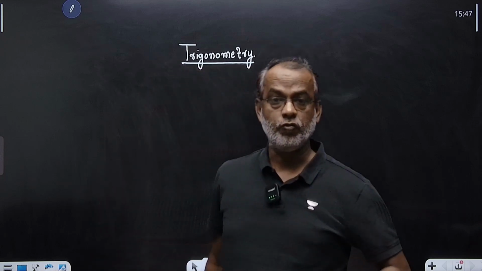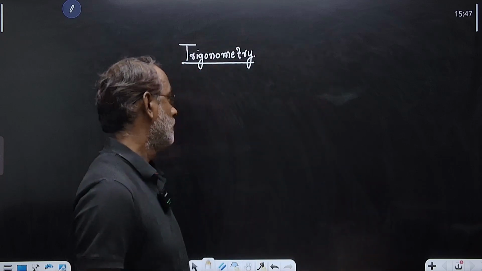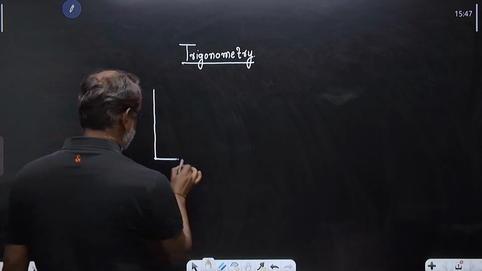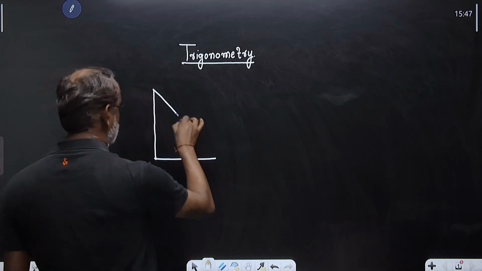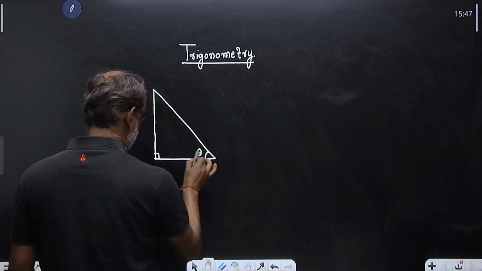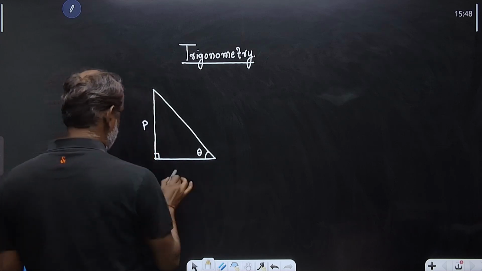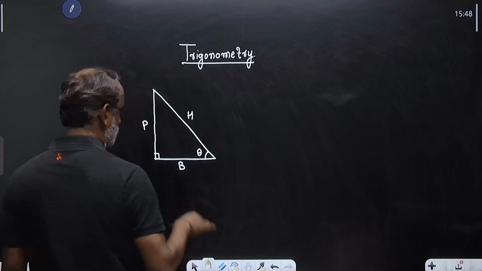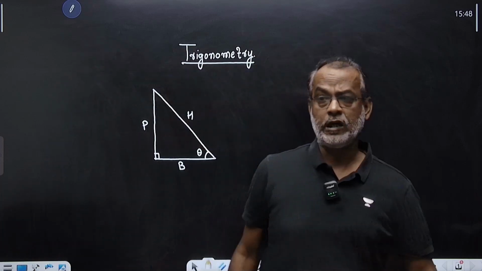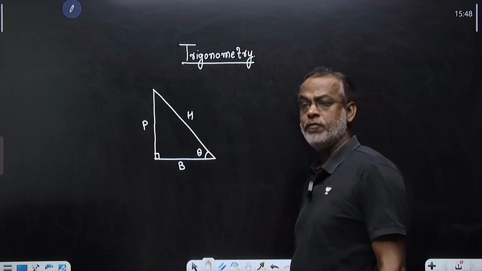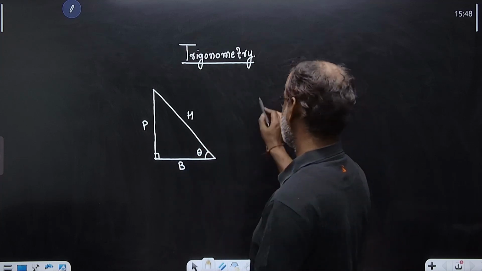A bit of it you would have covered in your school classes, that in a right angle triangle we define the legs as perpendicular and base, and the side opposite to 90 degrees as hypotenuse.